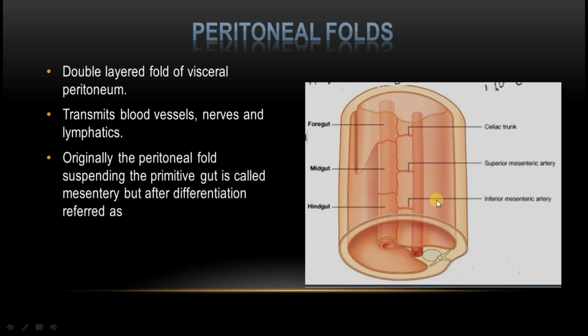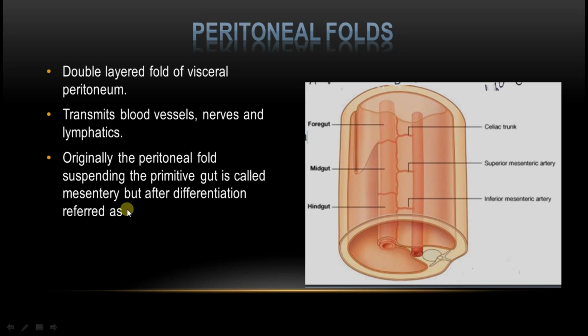Originally, the whole gut tube and the fold which is suspending the gut tube is called the mesentery. But after development, the term mesentery is used only with respect to the coils of intestine, namely the jejunum and ileum.